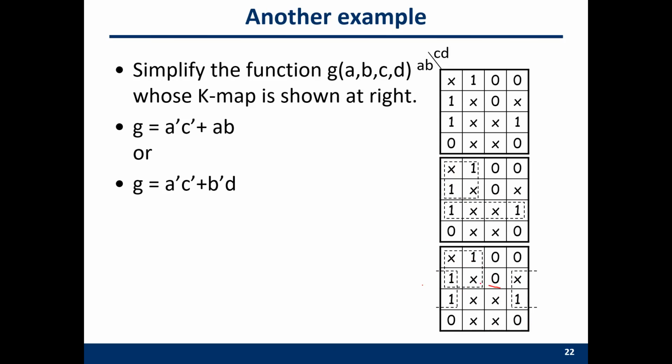Do you need to draw a group like this? No, you do not. Why? Because you can treat all the do not cares in this box as 0. So you do not need to have this item at all. So two groups are enough. So that's all. Any questions?